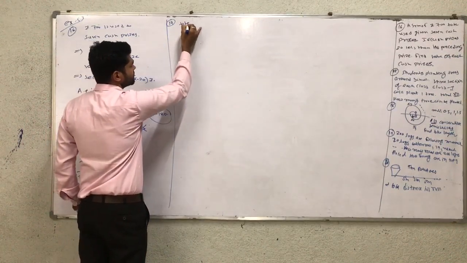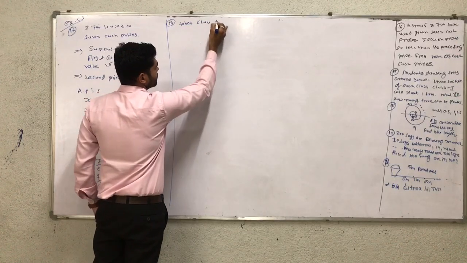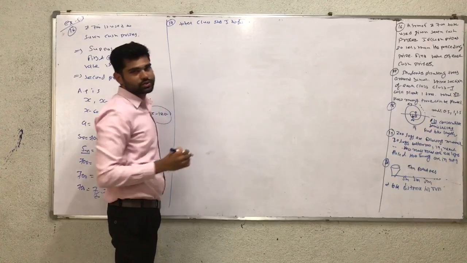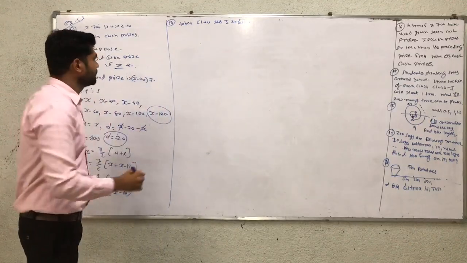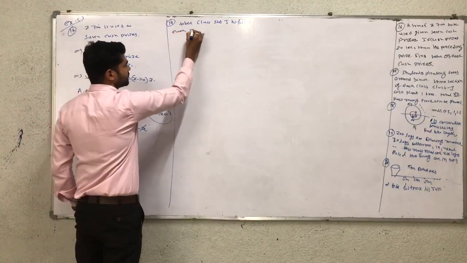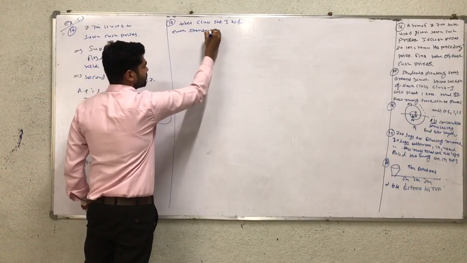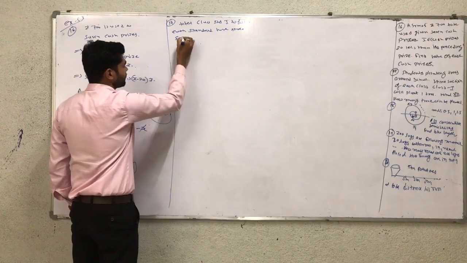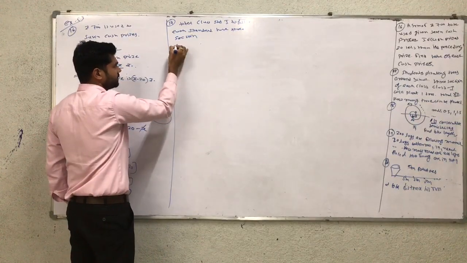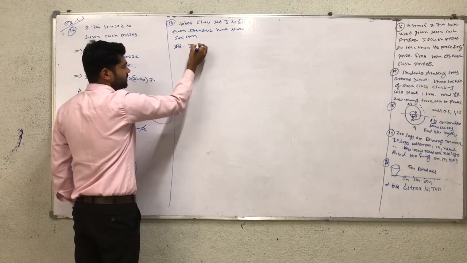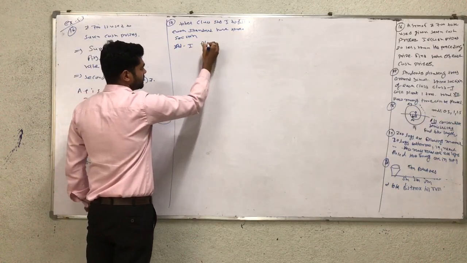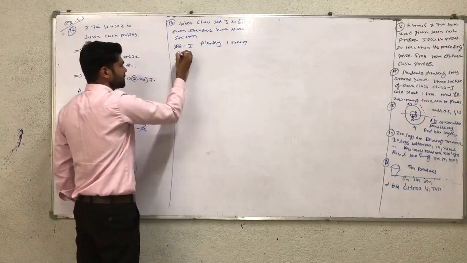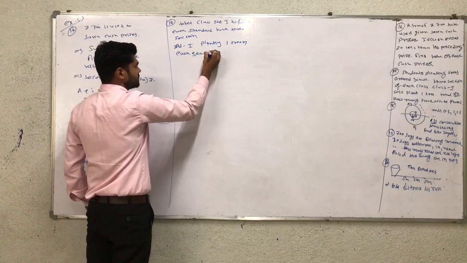Now the total classes are standard 1 to 12, which means the total number of terms is 12. Each standard has 3 sections, and standard 1 plants 1 tree in each section.